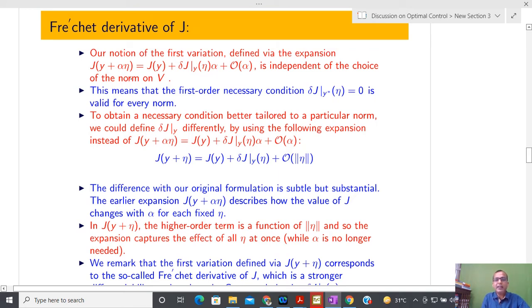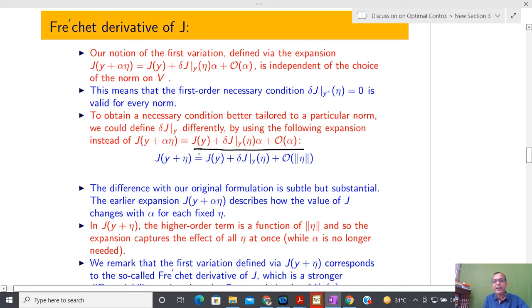Here, I am going to define the derivative in a little bit different way, and you will understand the reason why we are defining this whenever I talk about the sufficient condition. For the necessary condition this is not so important, but in order to formulate the sufficient condition, this derivative, that is the Frechet derivative, is required.